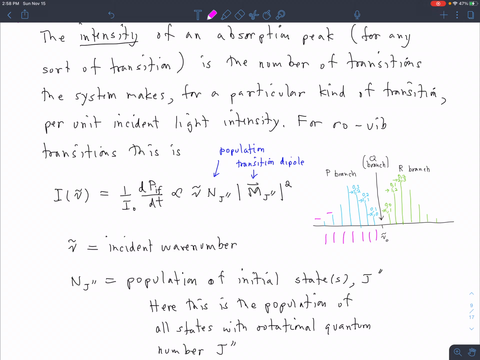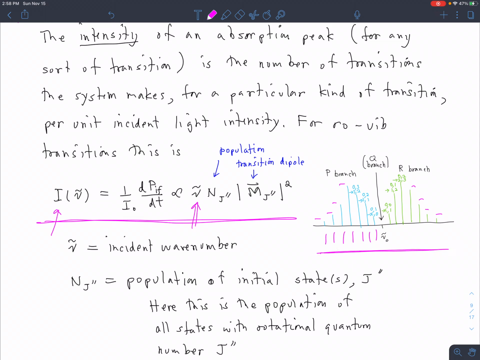But the peak heights also matter, and the peak heights are varying, and the question is, why do they vary? Here's the main reason why, this expression. Here's the peak height, or what's called the intensity, and it's proportional to 2 different things mainly. I mean, it's proportional to this wave number value out here too, but that doesn't vary much.